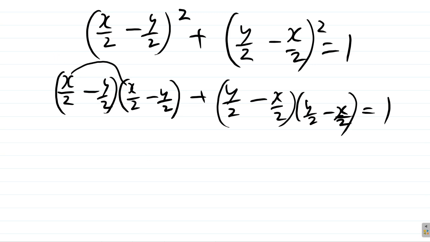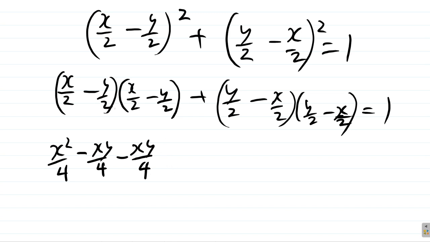x over 2 times x over 2 gives you x squared over 4. x over 2 times negative y over 2 is going to be minus xy over 4. Then negative y over 2 by x over 2 is going to be minus xy over 4. And negative y over 2 times negative y over 2 will be positive y squared over 4. Alright?